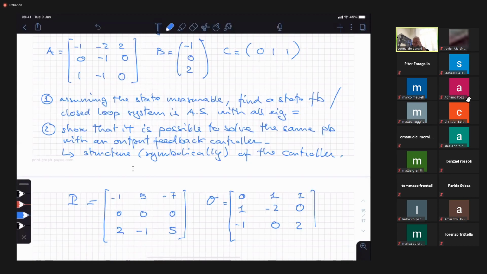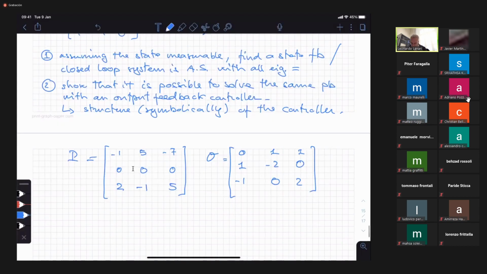Okay, so let's see what we understand from here. Well, clearly, for sure, this is not a full rank, but we can find a submatrix, a minor of order 2, which is non-singular. So the rank of P is equal to 2, strictly less than 3.